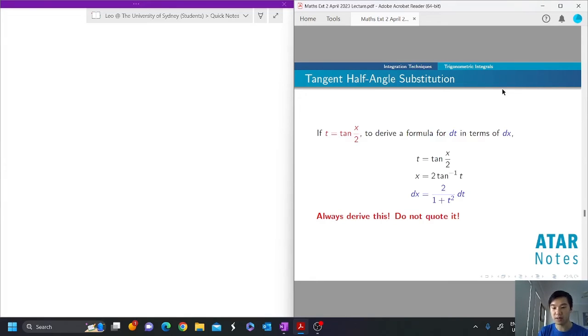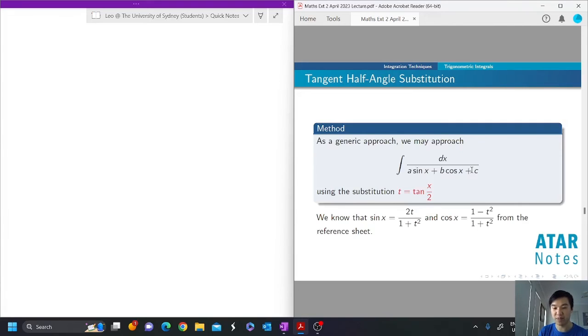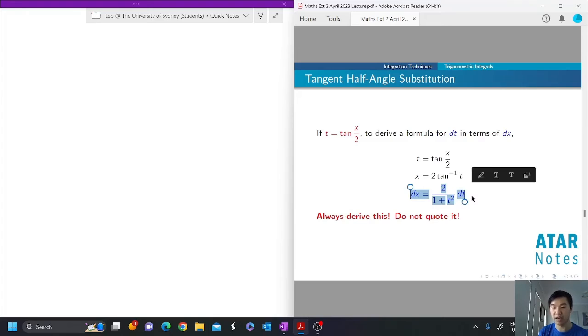So remember when you're differentiating that and you're making dx equal to 2 over 1 plus t squared dt, always do everything from scratch. Basically, don't quote this result that you get when you use the t formula.